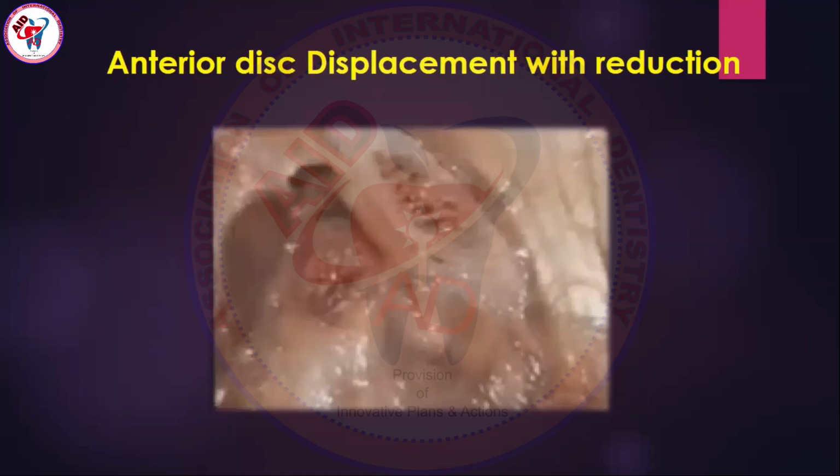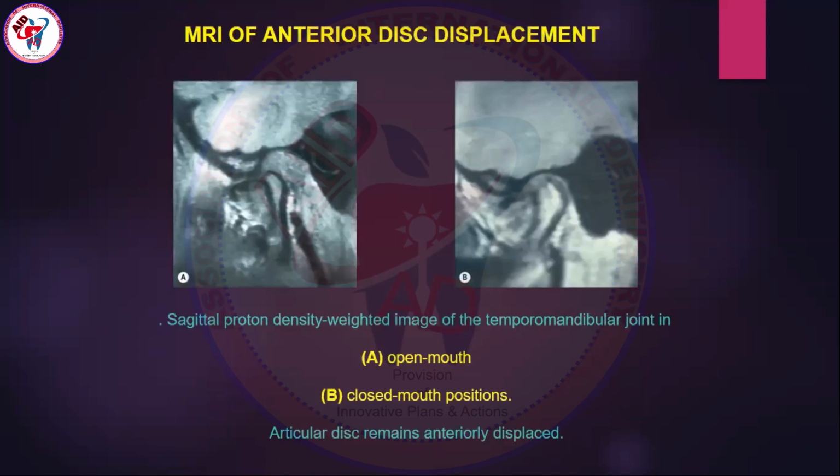Next, you see the MRI. I am placing the MRI again and again because you must have the orientation of what is going on radiographically. You see, this is the opening of the mouth. These are the posterior ligaments placed here, the superior joint space, the inferior joint space. This is the condyle, and you see the disc is forward.